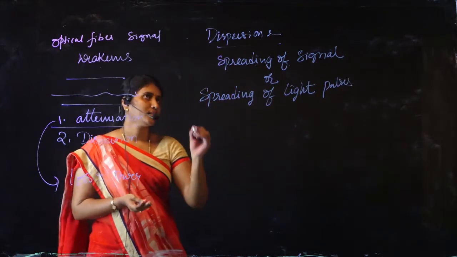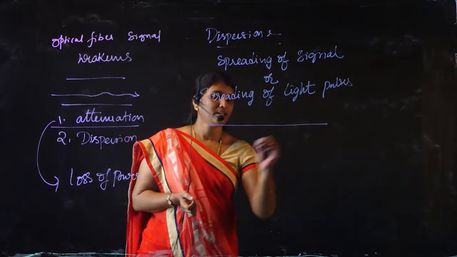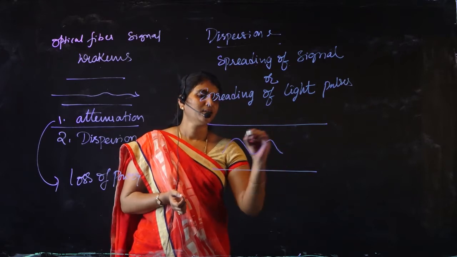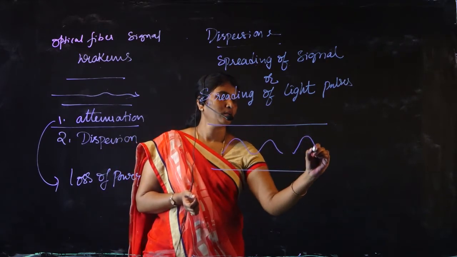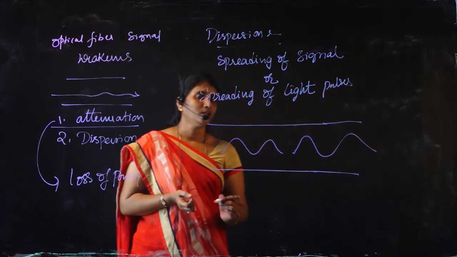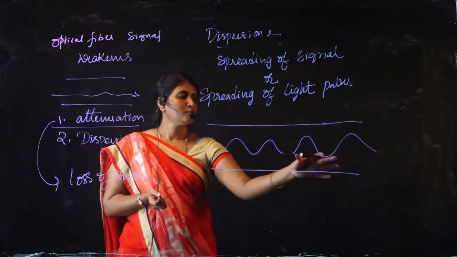In brief, we can say dispersion is spreading of light pulses. As the light is traveling inside the optical fiber, the pulses will slowly take longer times when they reach the destination. What is the main reason for taking these longer times?